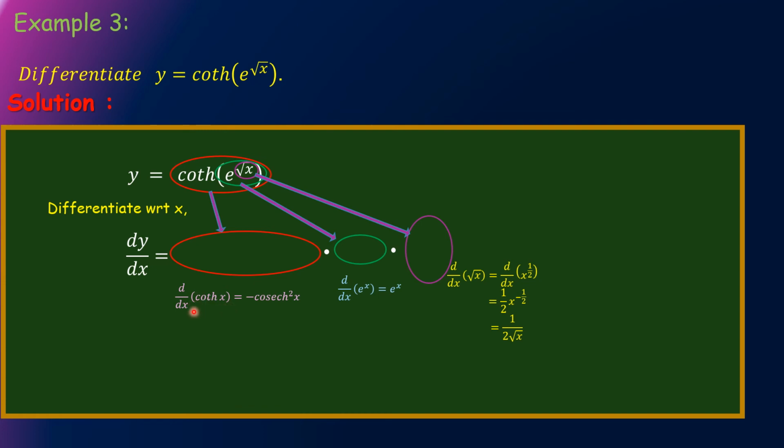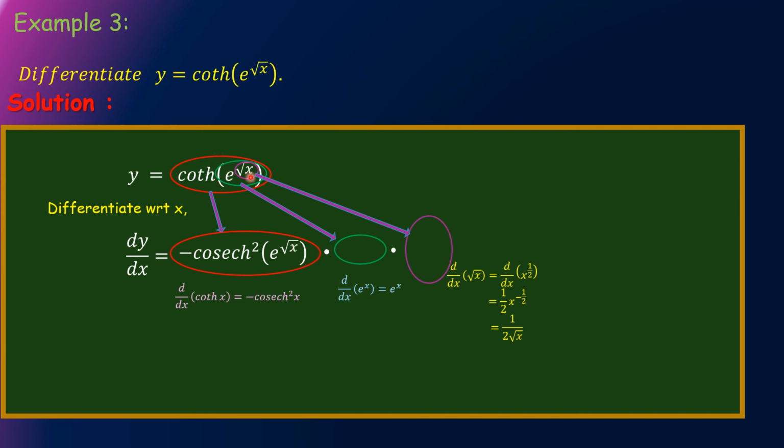The derivative of cosech x is a basic formula for hyperbolic functions. When we differentiate cosech x, the answer is negative cosech x coth x. So when we differentiate cosech of e to the power of root x, the answer should be negative cosech e root x coth e root x.